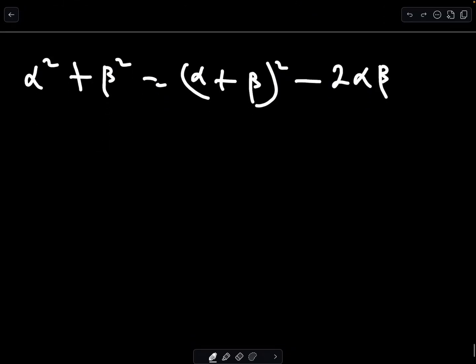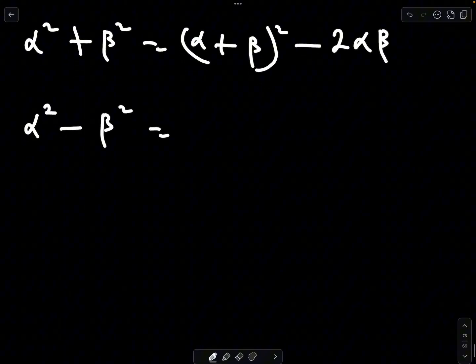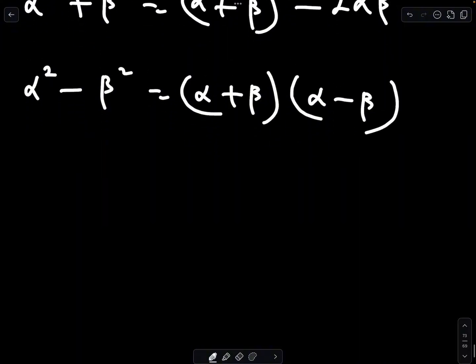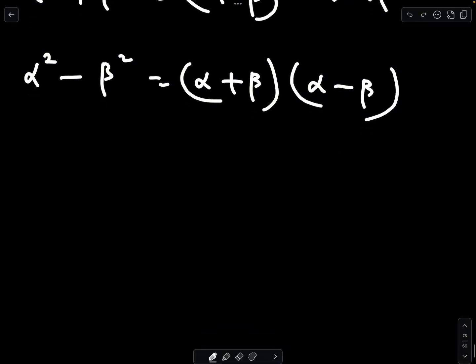So let's find another one for alpha square minus beta square. Of course, this is a difference of 2 squares. This is the same as alpha plus beta times alpha minus beta. Now, I need to know what alpha minus beta is, and I can obtain that from the square of alpha minus beta.